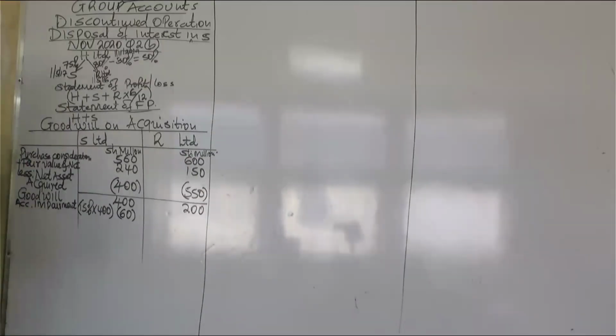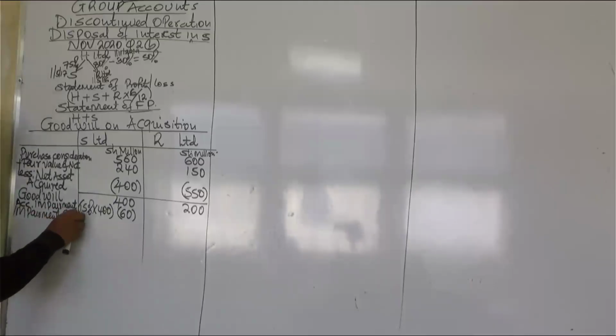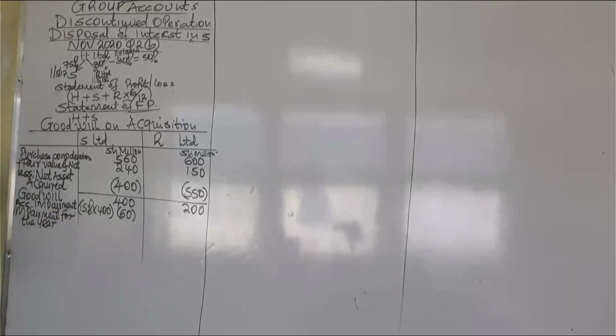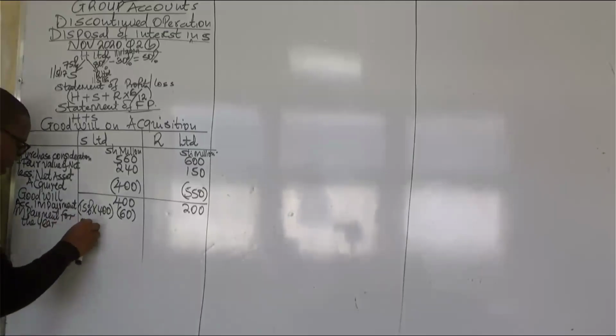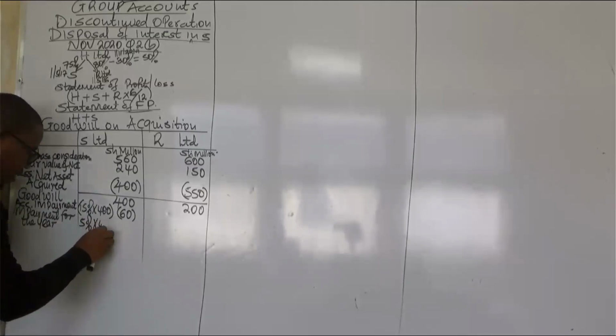Again, we were also given that during the year now, 5%, that is as of April 2020, it had lost a further 20. This is now the impairment for the year. The impairment for the year here will be given by 5% of 400.